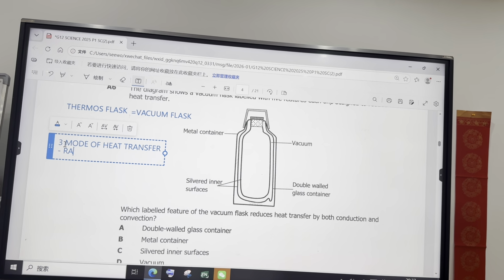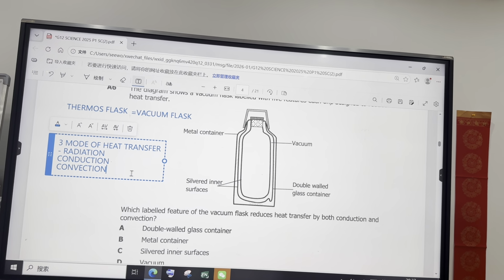Number 1, we call it radiation. Number 2 is something called conduction. Number 3, we have something called convection. So these are the 3 modes of heat transfer: radiation, conduction, convection.